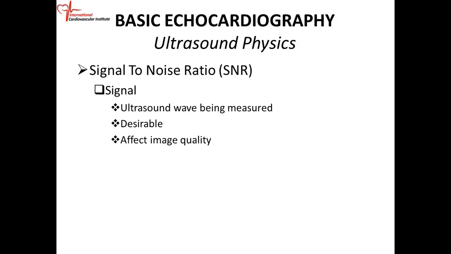It's the desirable ultrasound, and it affects the image quality. You want as little noise as possible. The noise is the undesirable ultrasound, the background noise, the interference, so to speak, and that affects image quality.